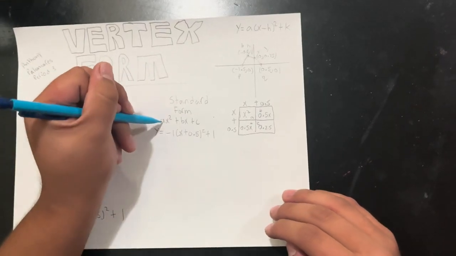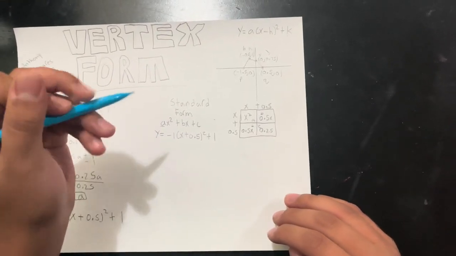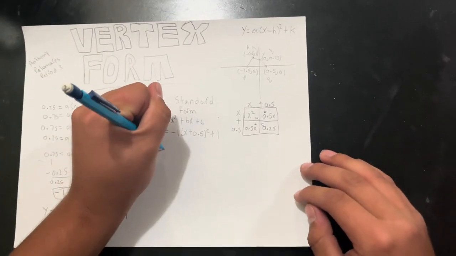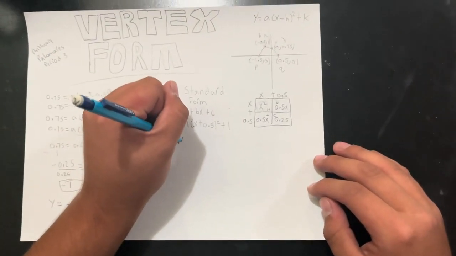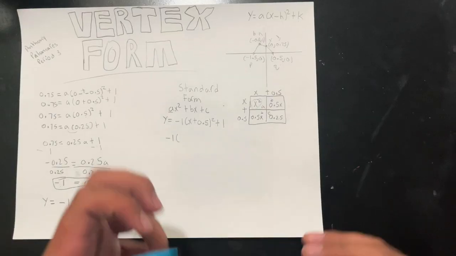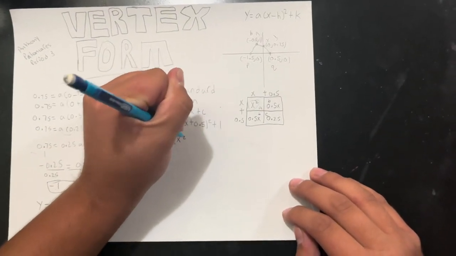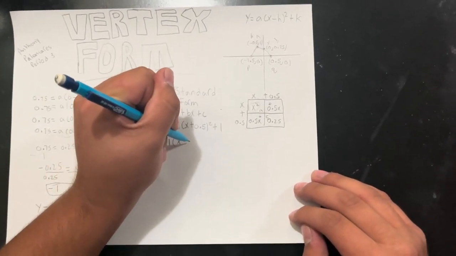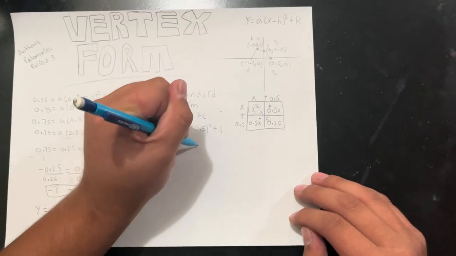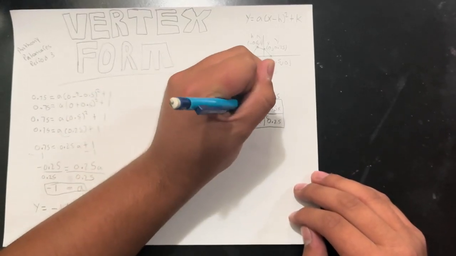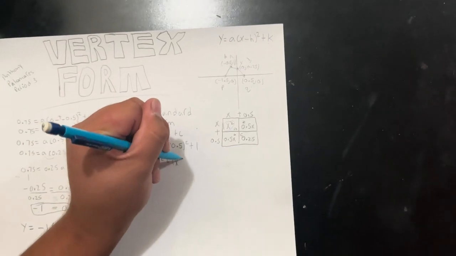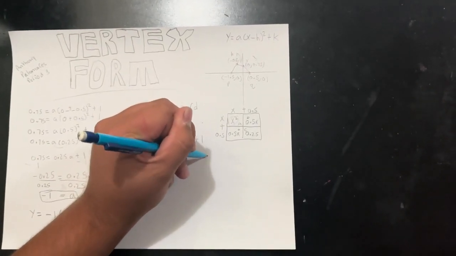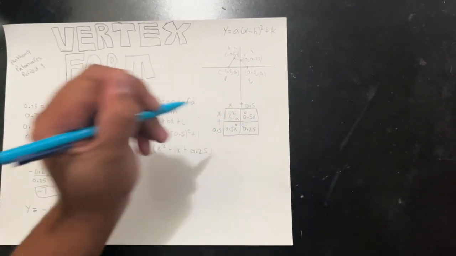So now we have a right here, which is our negative 1. So negative 1 times x squared, because we haven't really distributed it yet. So now we just put the x squared plus 1x, because 0.5 plus 0.5 is 1. And then we add 0.25, because that is our c value.